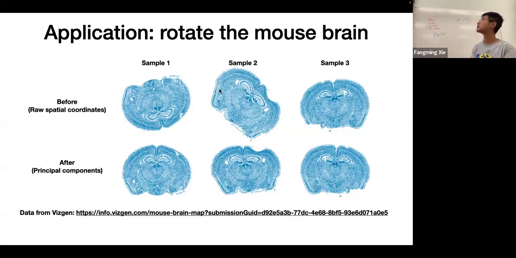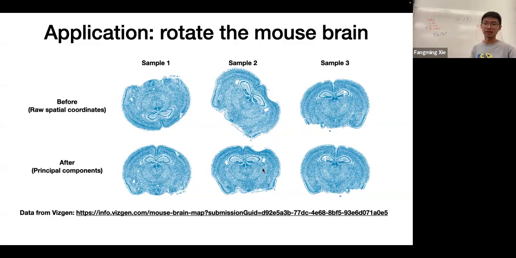That probably is from the way people initially used imaging; in the imaging setting, the samples are tilted or whatever. But if you want to rotate your brain slices back to their normal position, like this, you could try rotating differently and figure it out, but you could also apply PCA, because PCA does nothing but rotation.